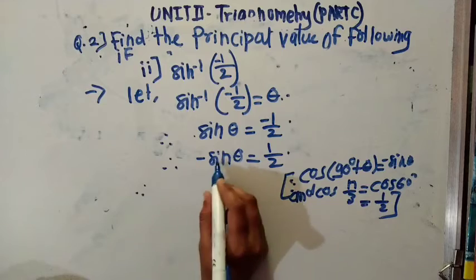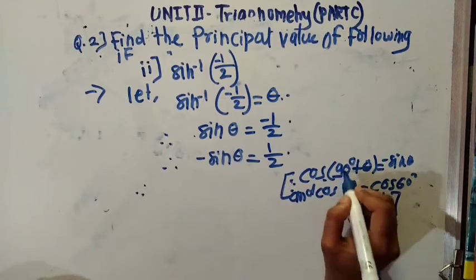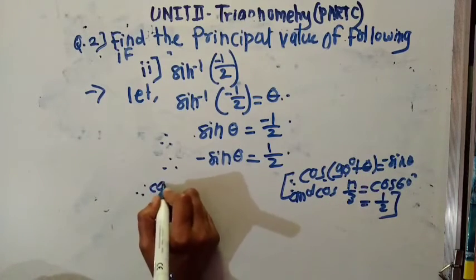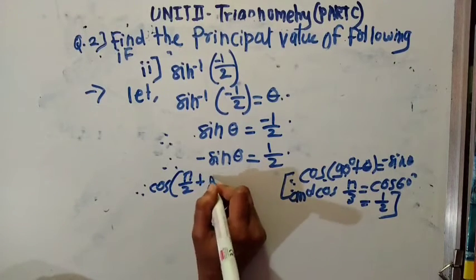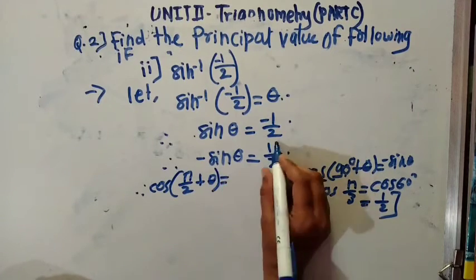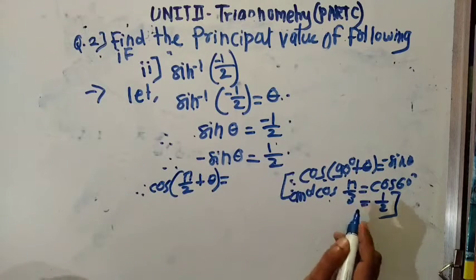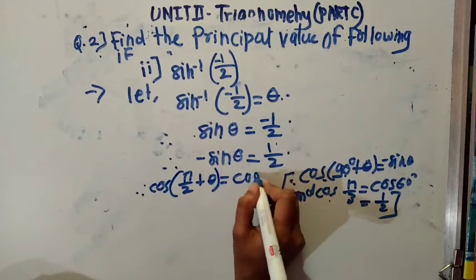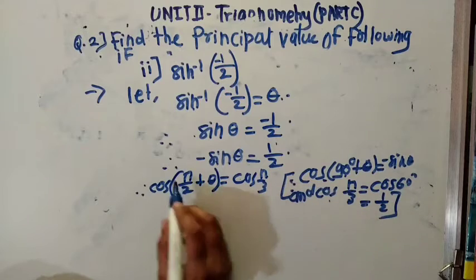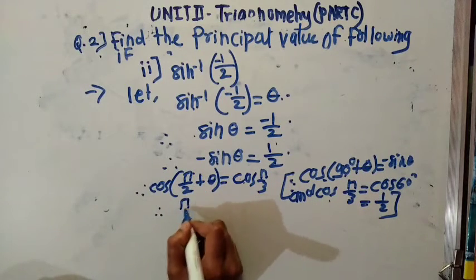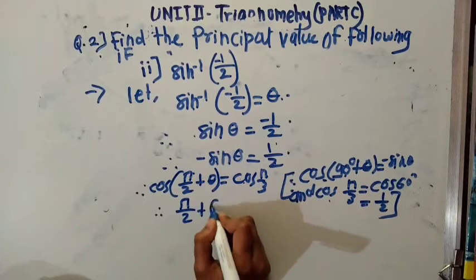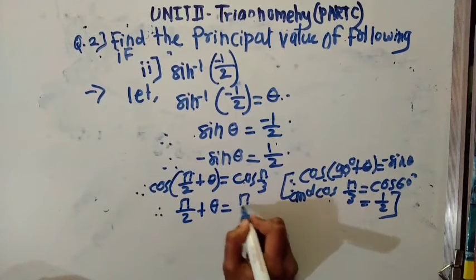Hence minus sin theta is the cos of pi by 2 plus theta, and 1 by 2 is the cos pi by 3. Then comparing this value, cos and cos cancel, hence pi by 2 plus theta is equal to pi upon 3.